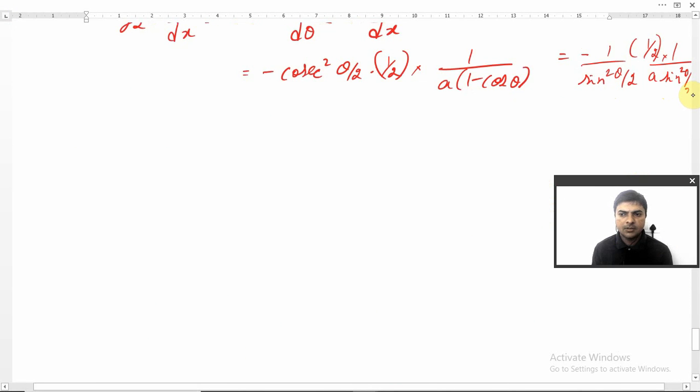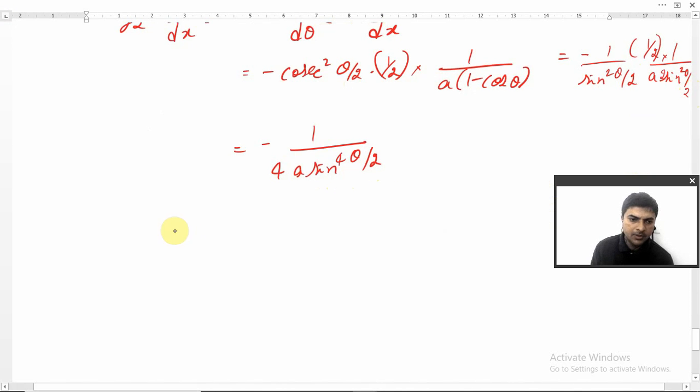So here I will take this as minus 1 upon 2 into 2 will give you, here we have 1 upon 2 and this is 2 sin square theta by 2. This will give you 4 a sin raised to 4 theta by 2. Okay, this is what we get, y1 and y2.